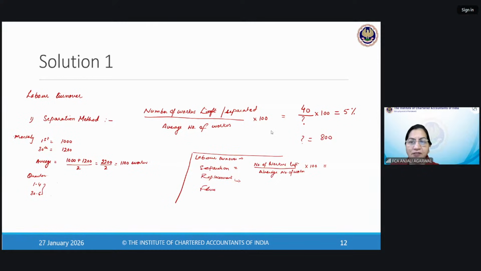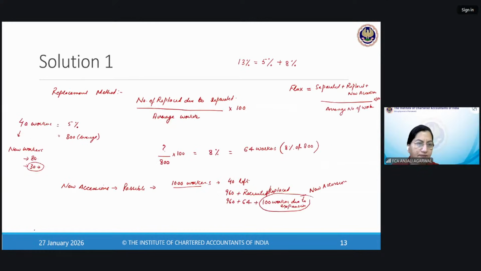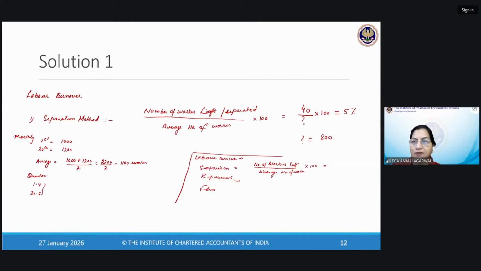Straight away, because I am multiplying by 100, it is automatically 5. 4,000 by 5 will give you 800.